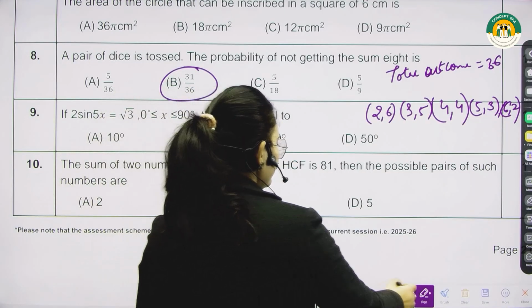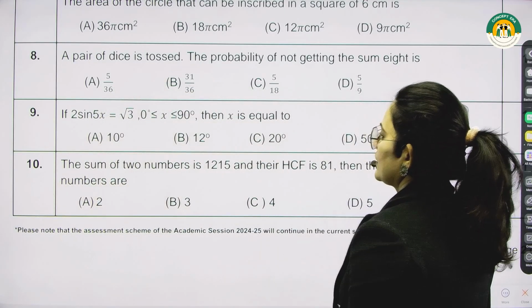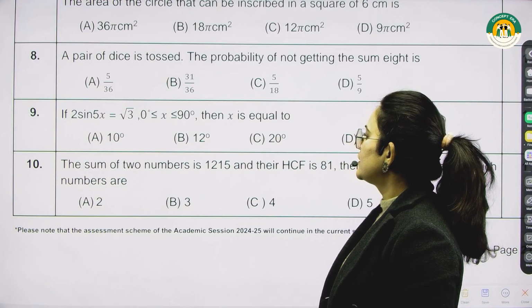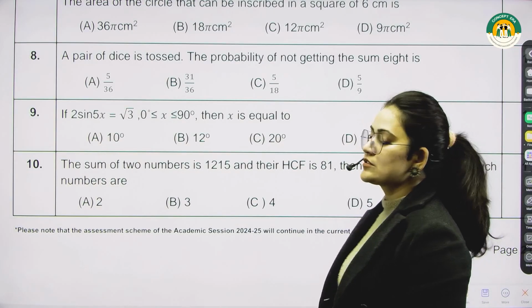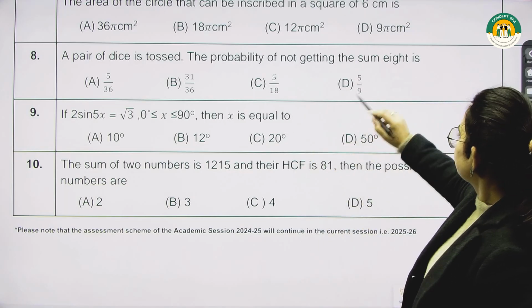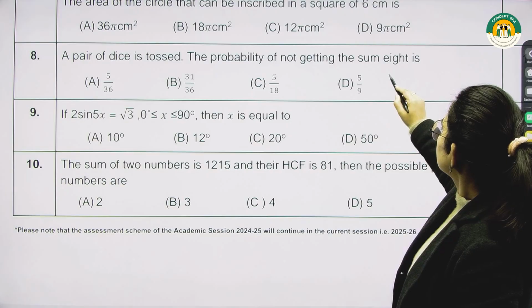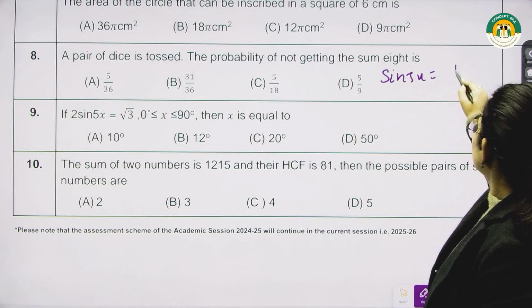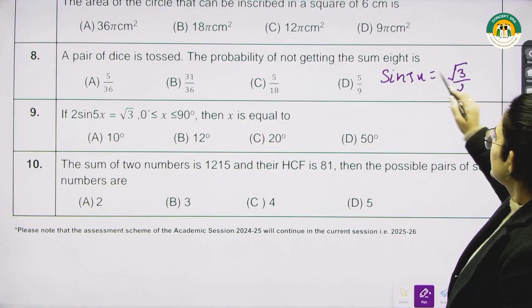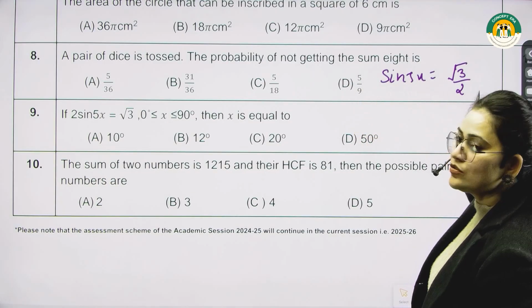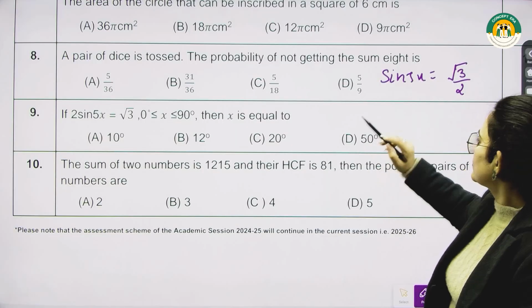Now next question. If 2 sin 5x is equal to √3, then x is equal to, we have to find the value of x. Very simple question. So sin 5x is equal to √3 upon 2. Here I have transposed 2 from left to right. It will be √3 upon 2.